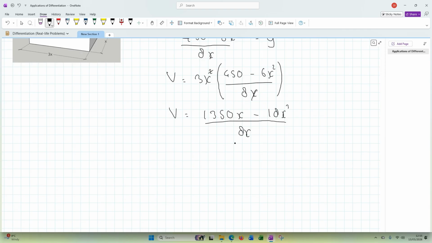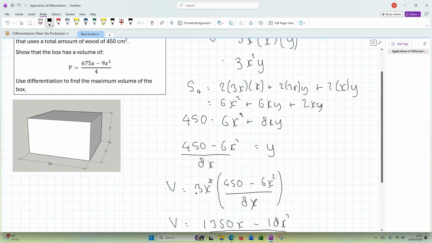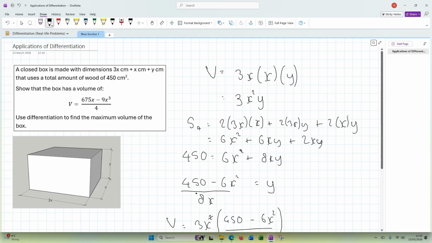Now we can simplify this further by dividing through by 2, which would leave us with V equals 675x minus 9x cubed over 4. Yeah, it's just 4, there's no x there. Sorry about that. Right, so we have our 675x minus 9x cubed over 4, which is what the question asked for. So brilliant, we've got that part done.